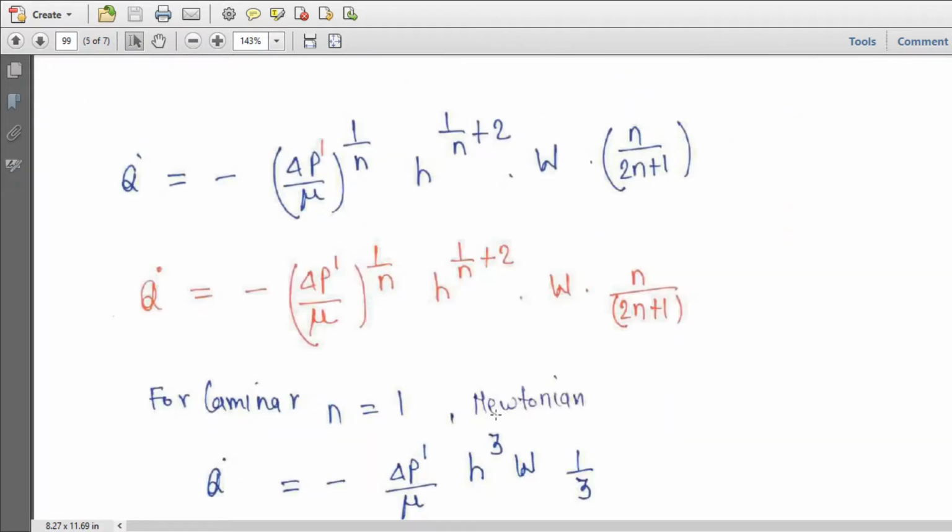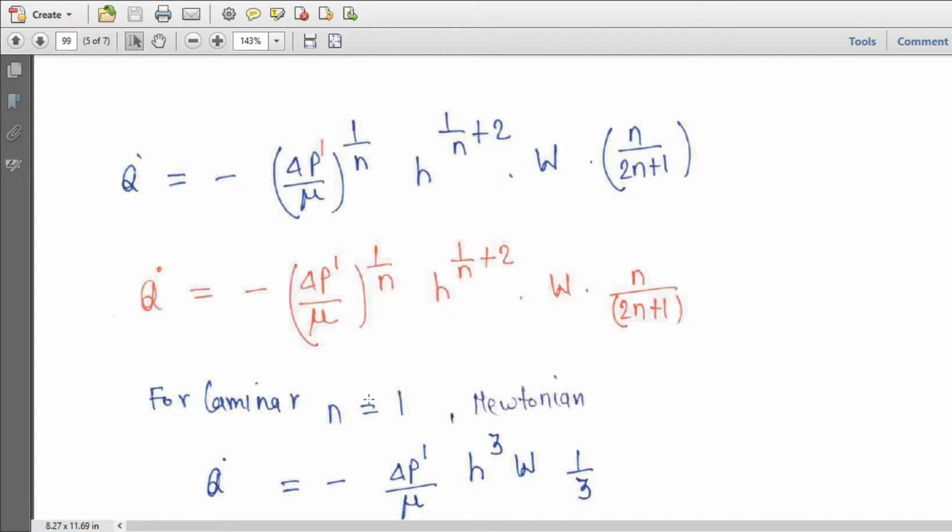Then simplify it further, you will end up with Q = (−Δp'/μ)^(1/n) h^(1/n + 2) W n/(2n + 1). So this is the expression for volumetric flow rate for power law fluids.